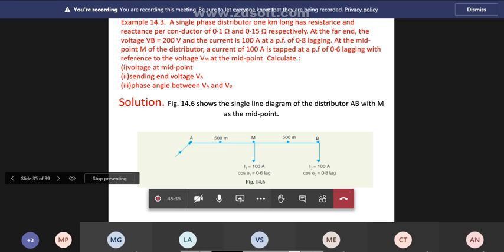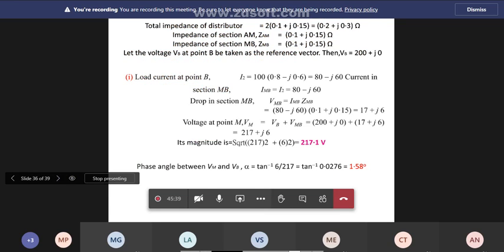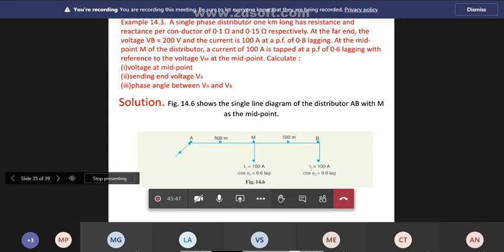So the total impedance of the distributor, the given impedance, is 0.1 plus j 0.15 ohm.